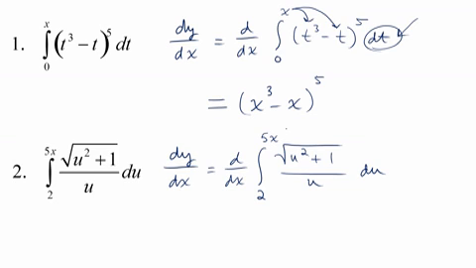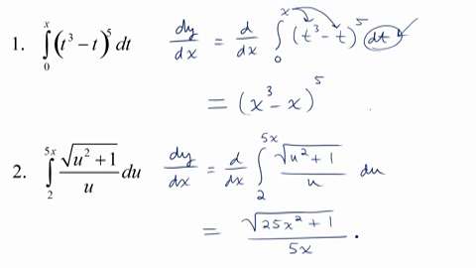We're going to let u be 5x. So this would give us the square root of 5x quantity squared, which is 25x squared, plus 1, all over 5x in the denominator, times the derivative of u.